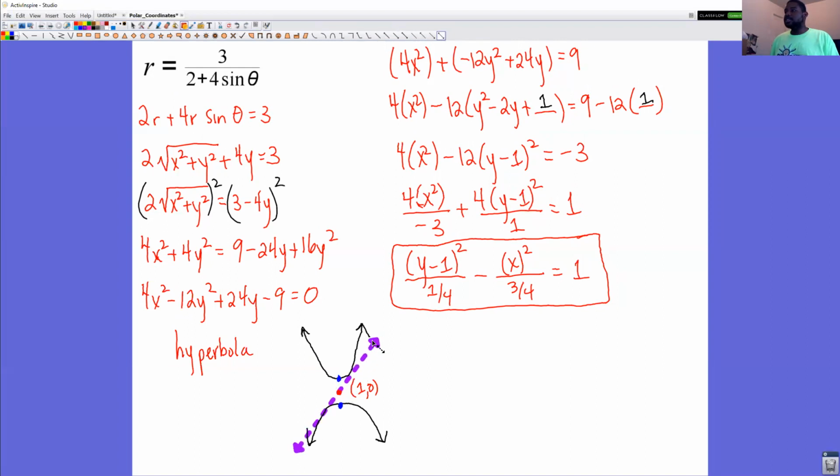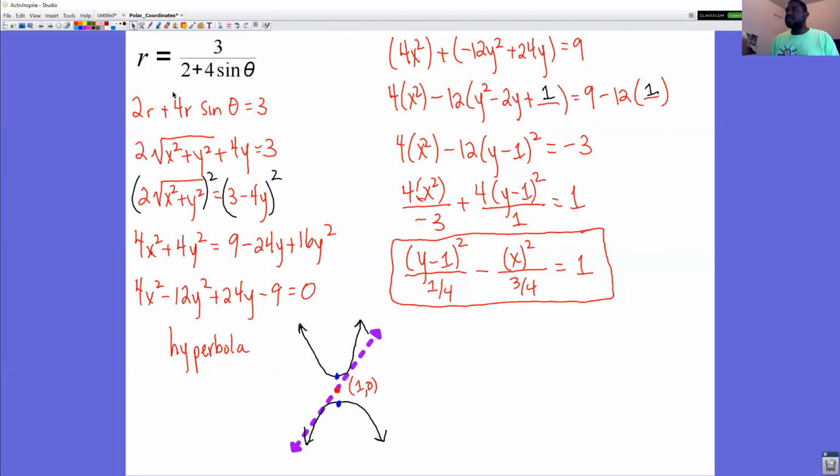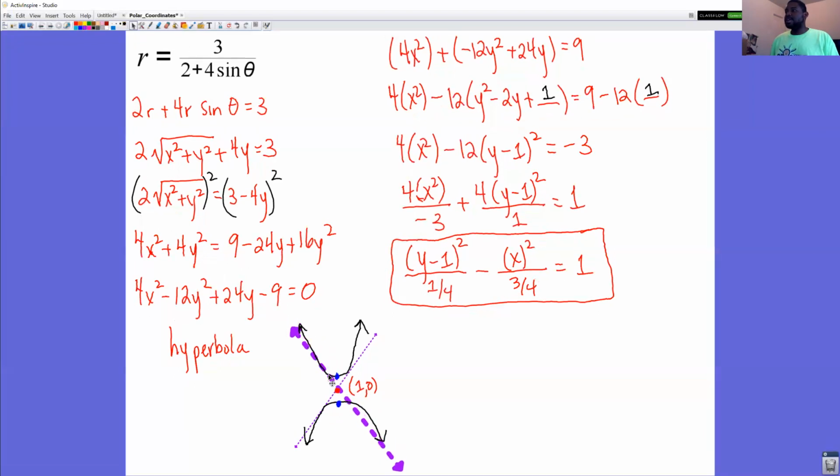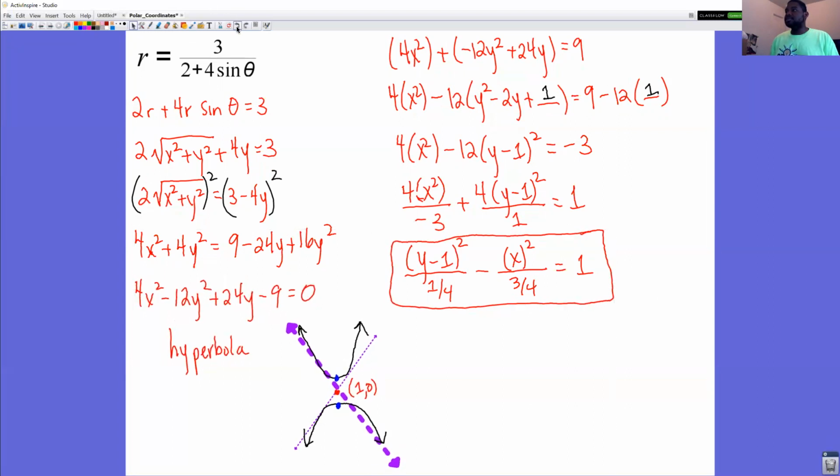It goes through the center. I know my diagram is a little off. So you got an asymptote there, and you also have an asymptote here. They're supposed to go through the center. Like I said, my drawing is not the best drawing, but it'll do.